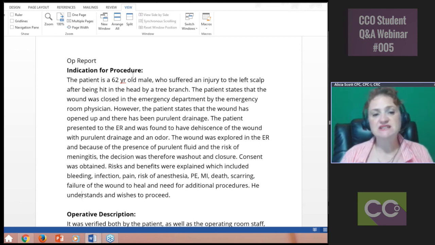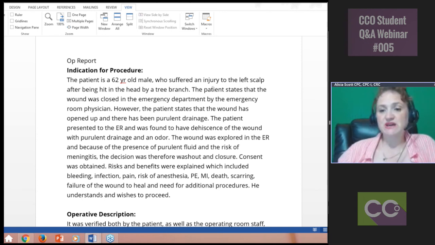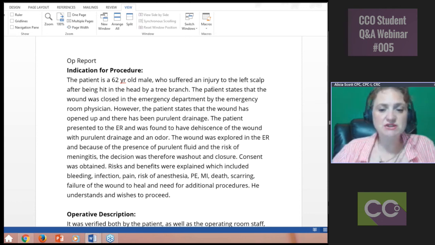So we've got a 62-year-old male. Now, he suffered an injury to the left scalp after being hit in the head by a tree branch. Now, this obviously is a pretty significant tree branch because it did some damage.